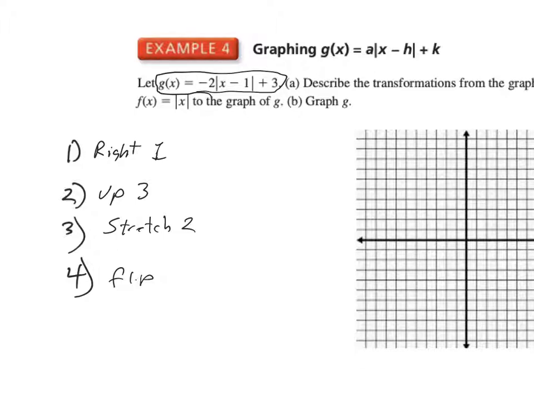So let's go ahead and get some points here. Can anyone tell me the center point? You have to look inside the absolute value sign to find the center. It's going to be +1, right? It's basically where did the graph move, left or right?